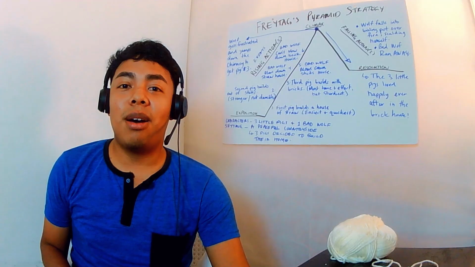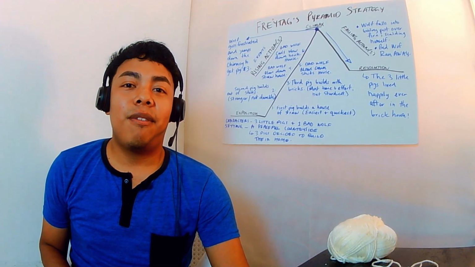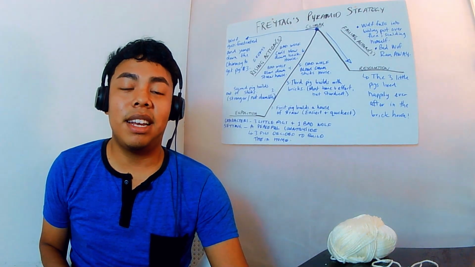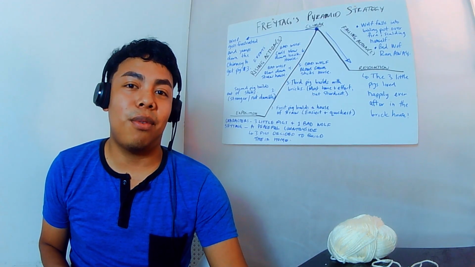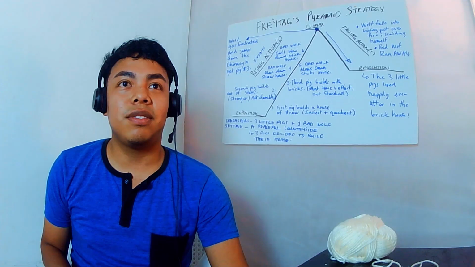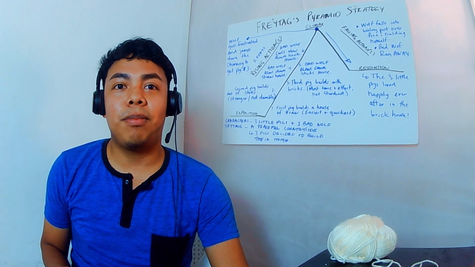Hence the reason we'll be delving into Freytag's pyramid strategy, for you to understand plot structure, to be a creative thinker and writer, and for your stories to flow with their plot.